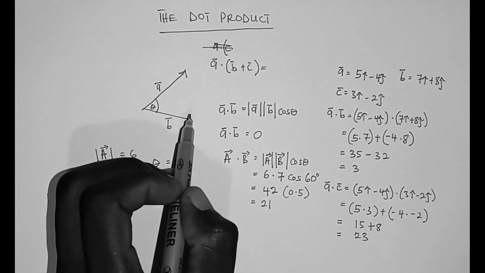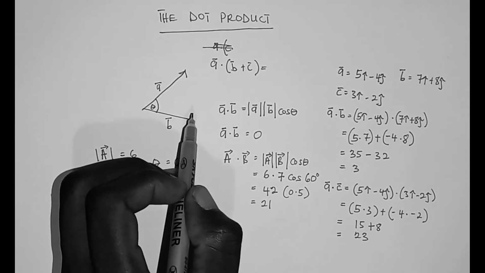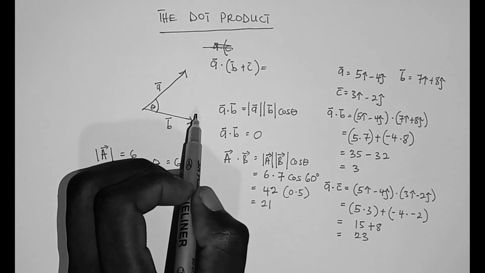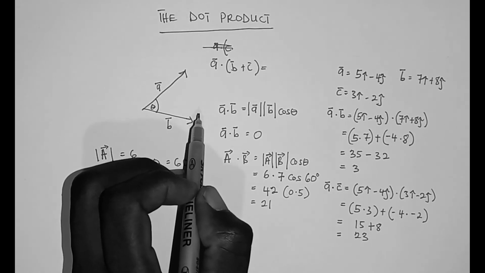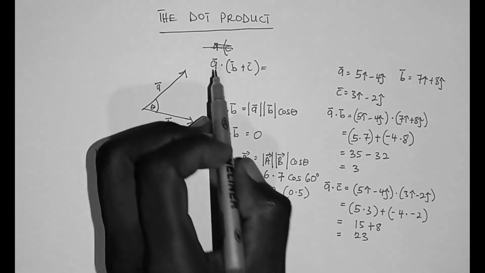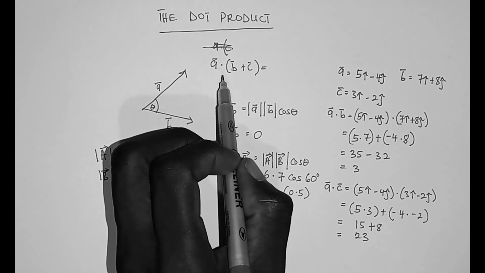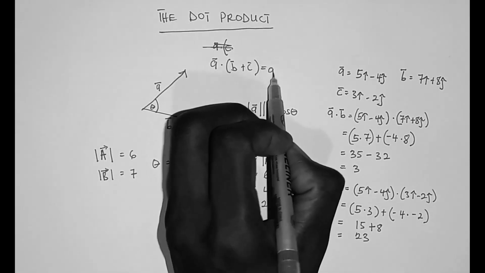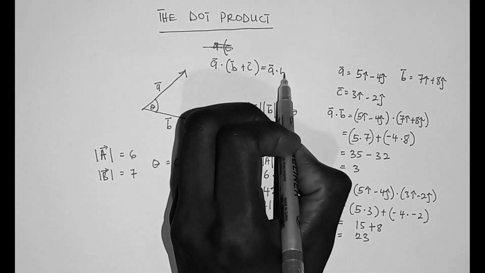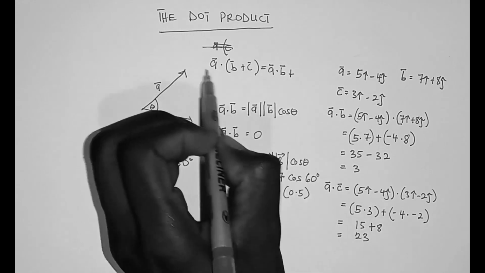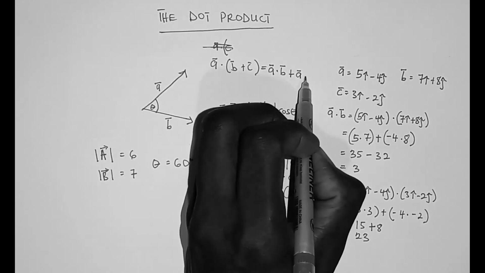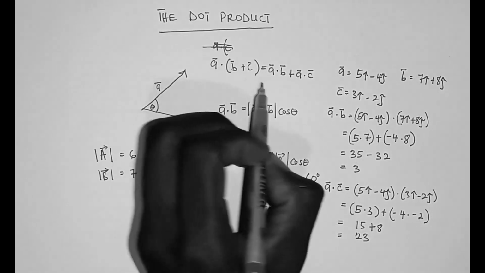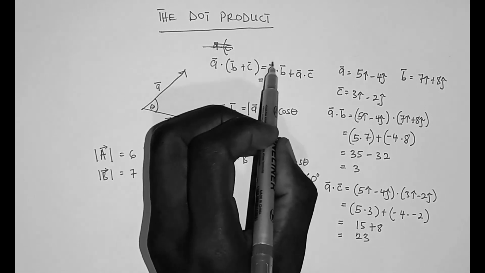So what we must note is that dot products are associative, they are also commutative, and they are distributive. So the dot product of vector A with B plus C is vector A dot vector B plus vector A dot vector C. So this is equal to, what is A dot B?